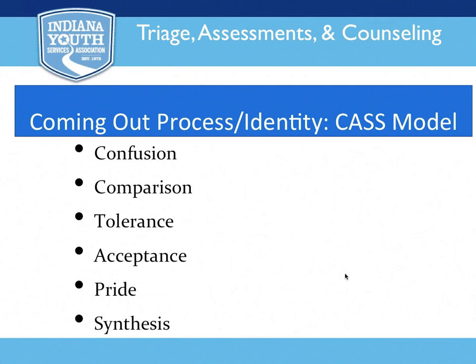Do they seek out a community, the GLBTQ community, those types of things? Have they told their parents? Are they only out to best friends? That kind of stuff. But these are all very internal, looking at where they're at, and it's important for us to understand that so that we can meet them where they are in this process.